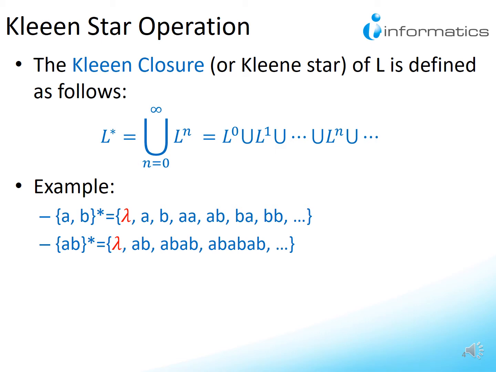Note that this is different from (AB) star, because AB contains only one string, AB, and (AB) star stands for AB repeating itself any number of times. Repeating itself 0 times, we get the empty string. Repeating itself 1 time, we get AB. Repeating itself 2 times, we get ABAB, and so on and so forth.